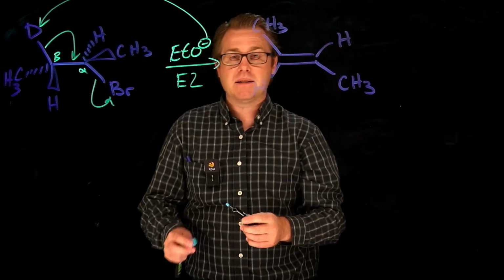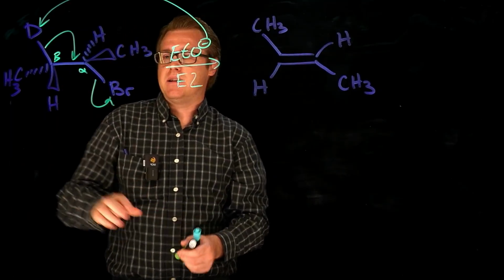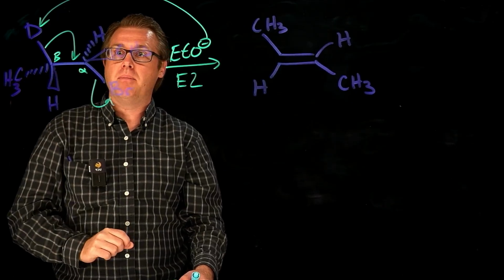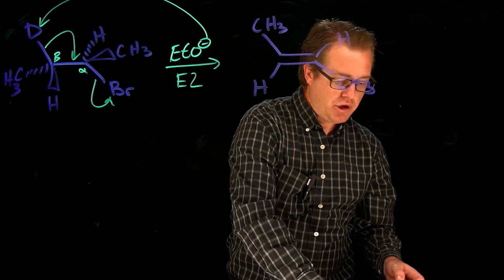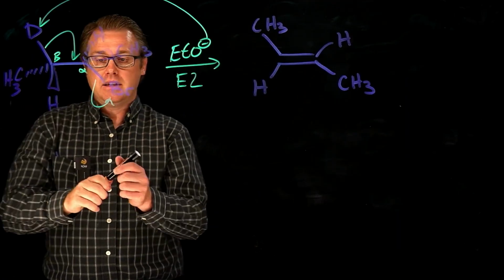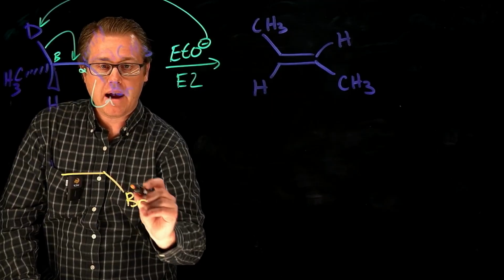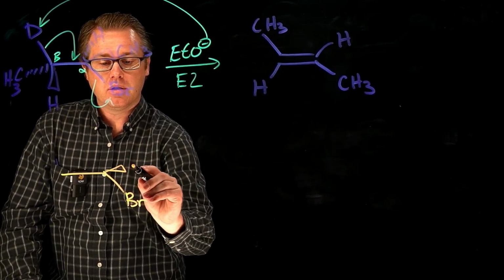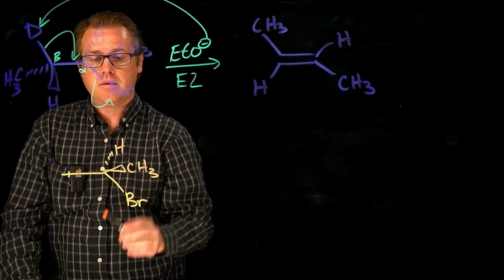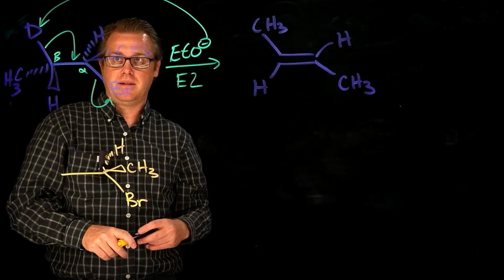Well, what's interesting about this particular example is that you have free bond rotation around the alpha and the beta. So you could take this molecule drawn in blue, and let's redraw it. Okay. I'm going to leave the right side of that molecule the same. But I'm going to take this piece right here and rotate it.